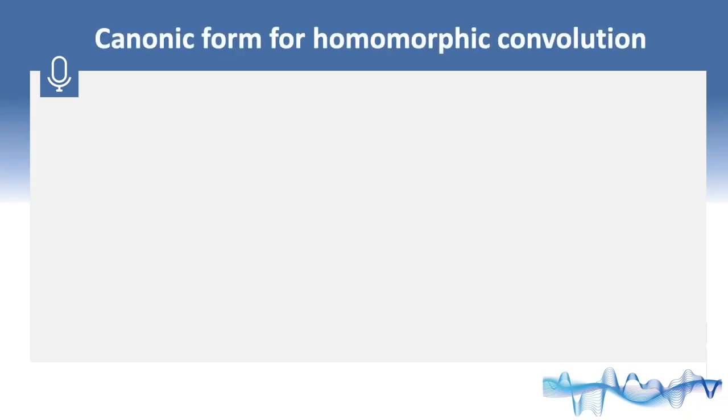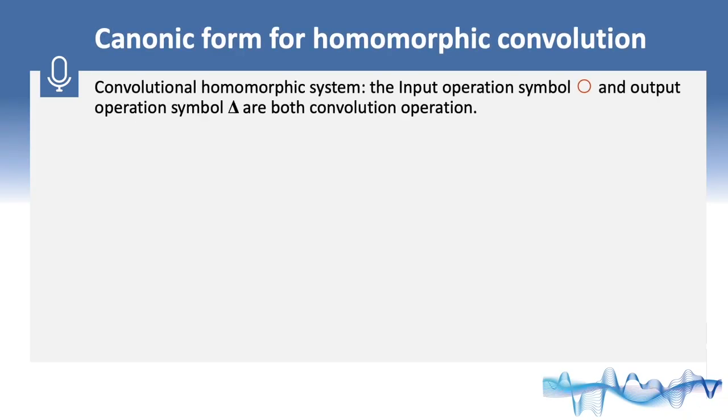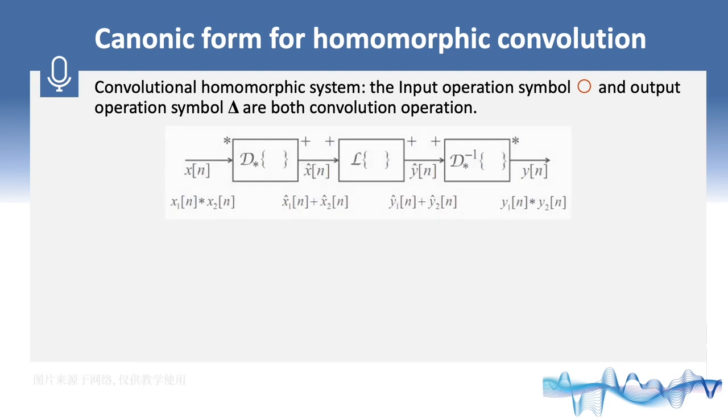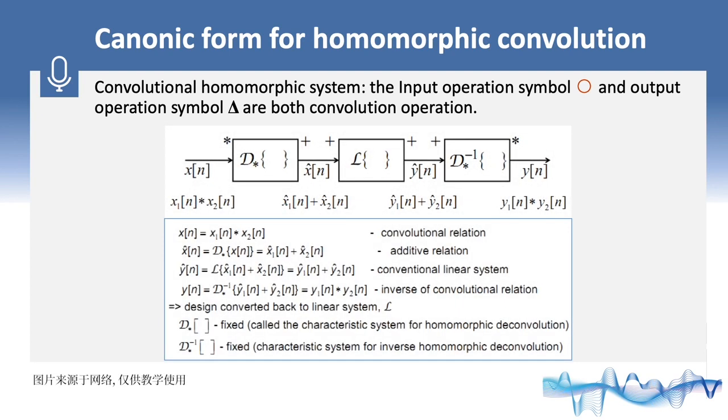As to the convolutional homomorphic system, the input operation symbol circle and the output operation symbol triangle are both convolution operations. The system takes inputs combined by convolution and transforms them into additive outputs, then passes them through a conventional linear system.